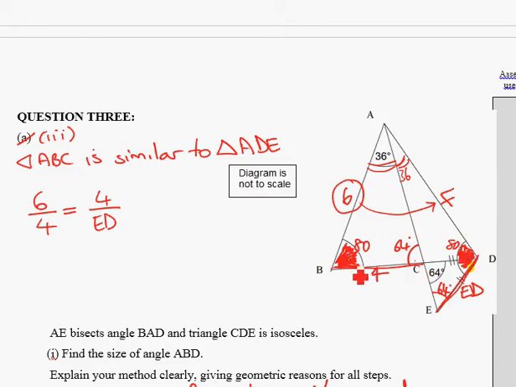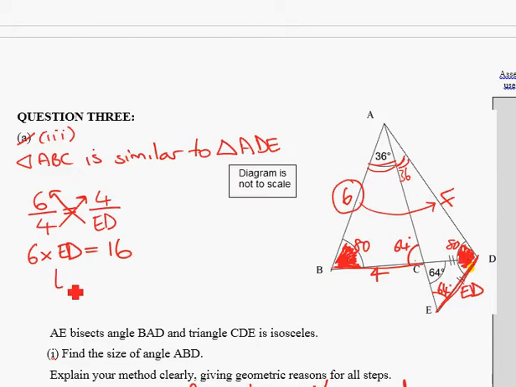So here's my little equation. I'm going to use some cross multiplying. So 6 times that side equals 16. 4 times 4 is 16.